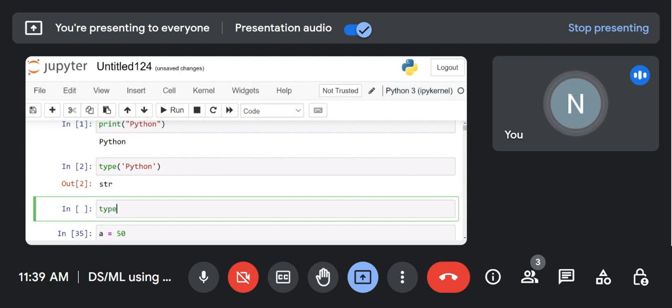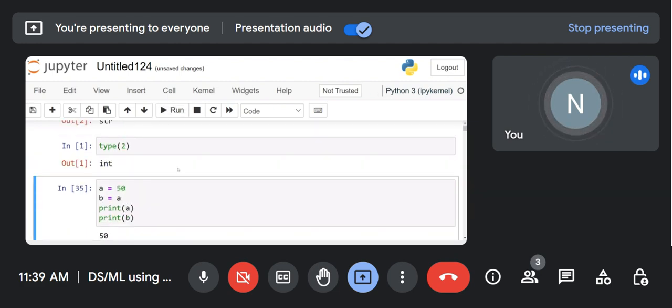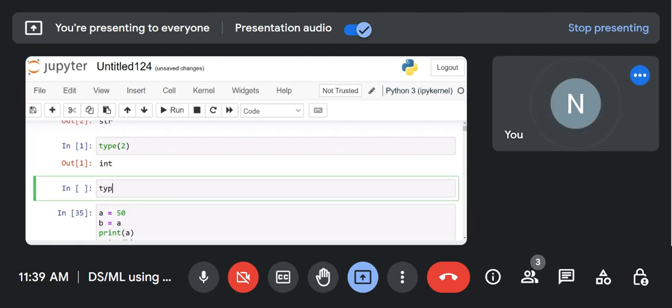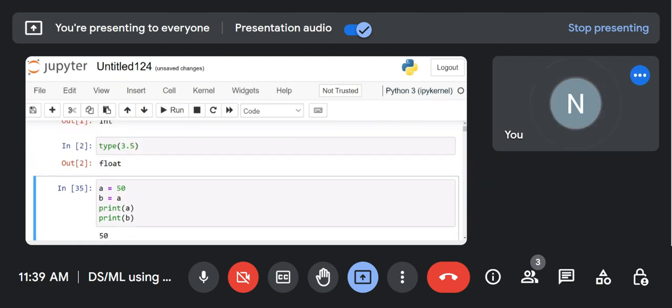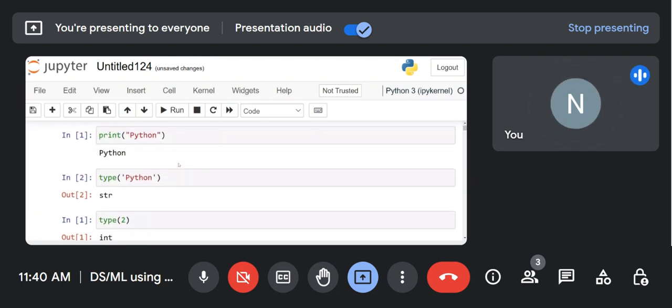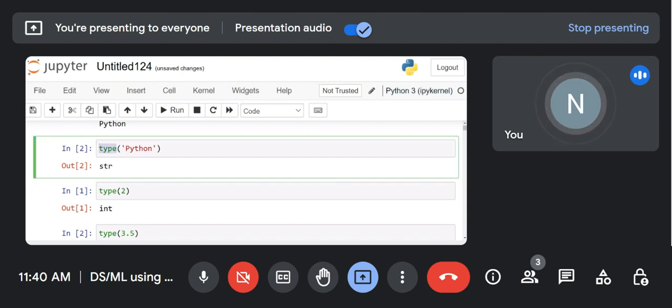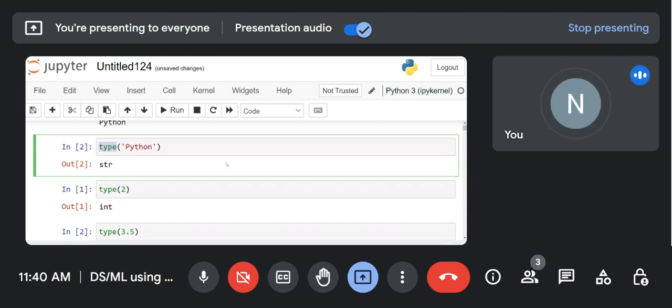If I write type 2, what is it going to print? Int. If I say type 3.5, what is it going to print? It's a float. So float, int, string, these are the types which can be known to us by using a simple method called type here in Python.